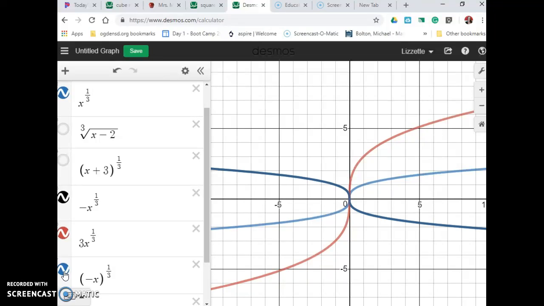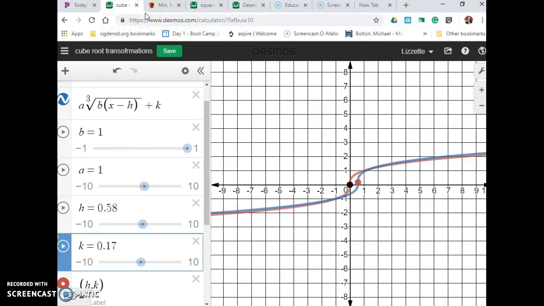So you guys, a reflection over the x-axis is the exact same as a reflection over the y. What happens is this part, when it gets reflected over the x, becomes this part. But then when it flips over the y, this part flips to become that part. And so it's the same thing.